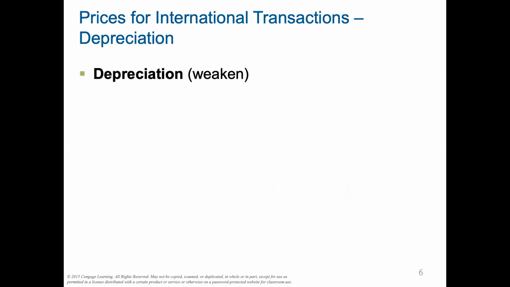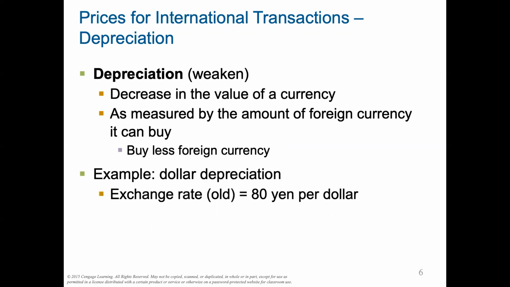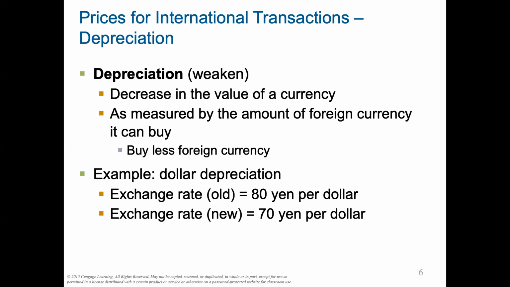Depreciation means weakening, and it basically decreases the value of the currency. So, whereas an appreciation meant that the dollar bought more yen, a depreciation means the dollar bought less yen.